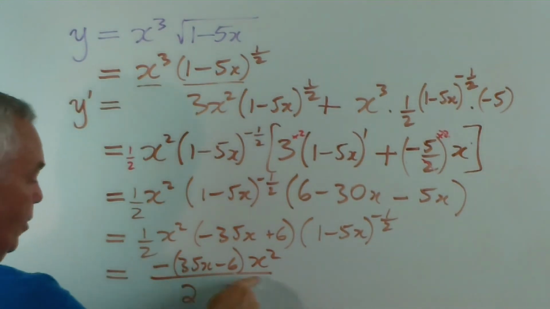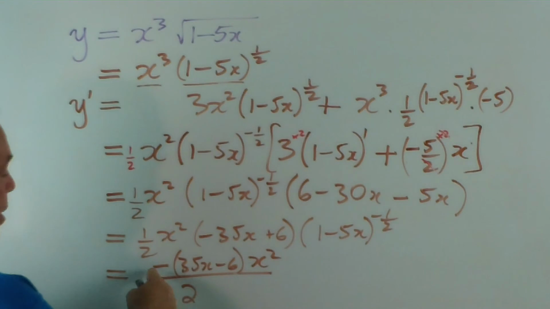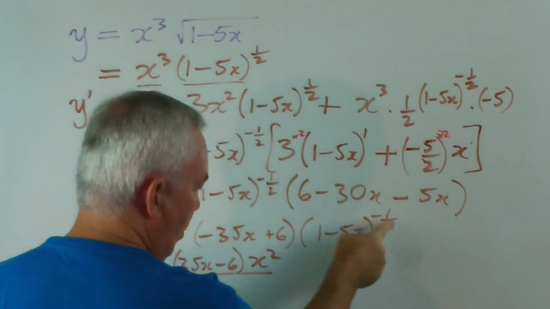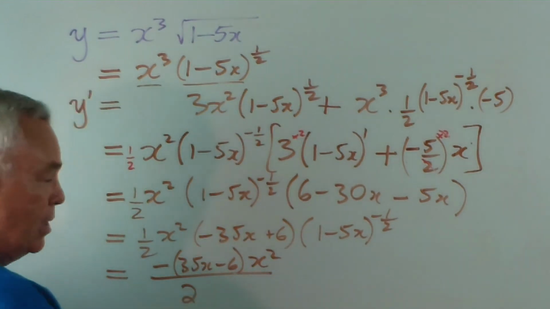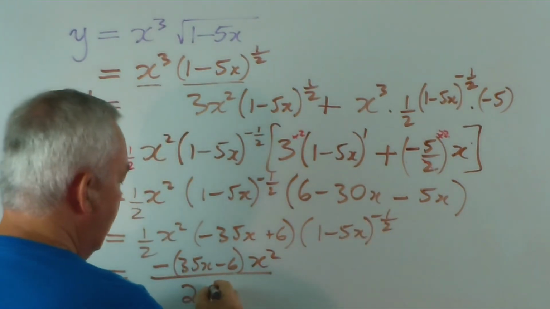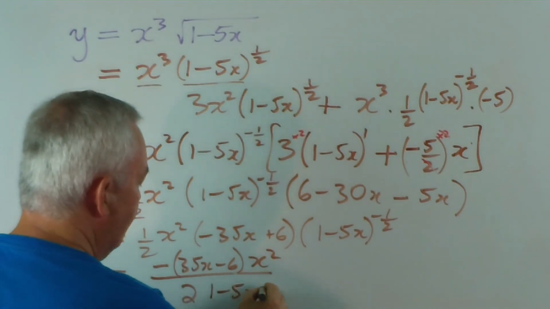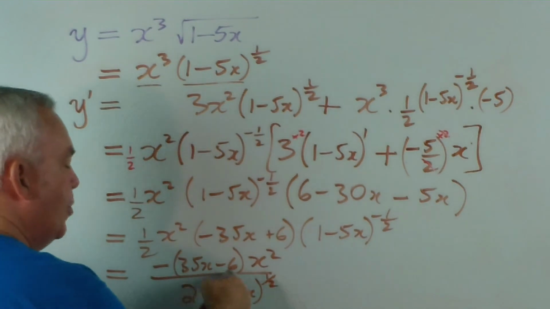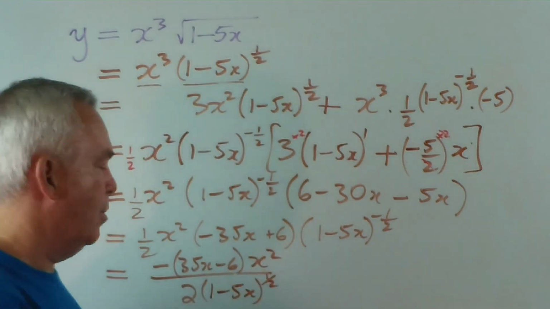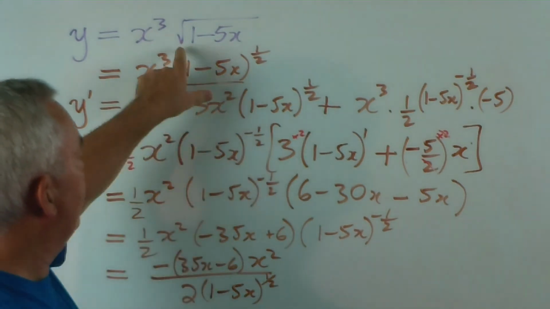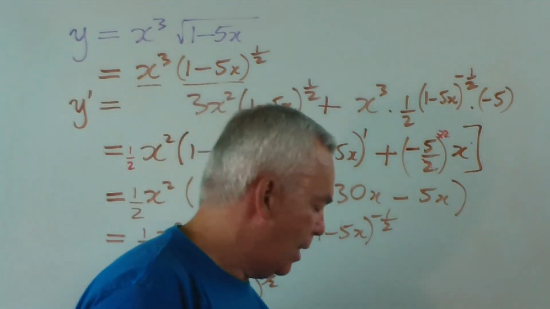So half is like dividing everything by 2, and that's that expression. And this, I could either leave on the top like that, or since I've already got something on the bottom, that negative sign will move everything down, and I'll be left with 1 minus 5x to the half, or if I preferred, square root 1 minus 5x on the bottom. And that's how you handle them when you have radicals.